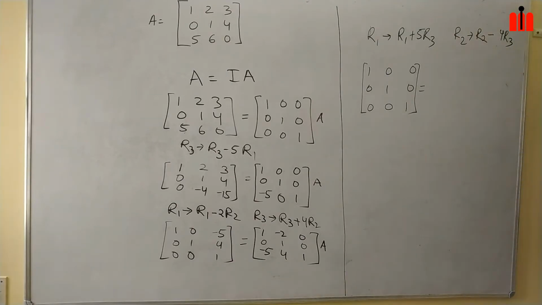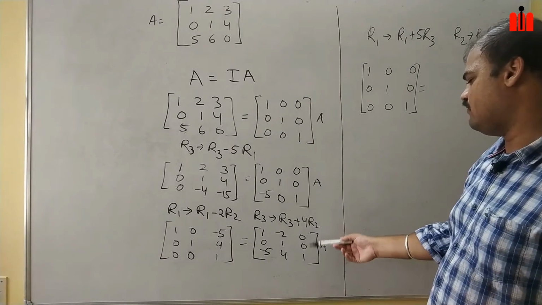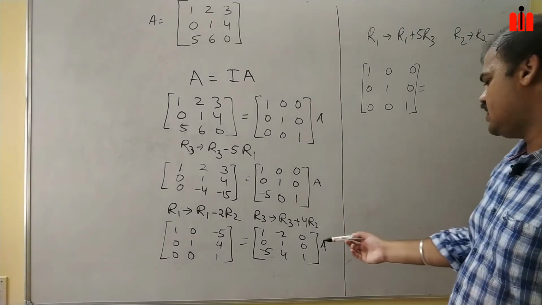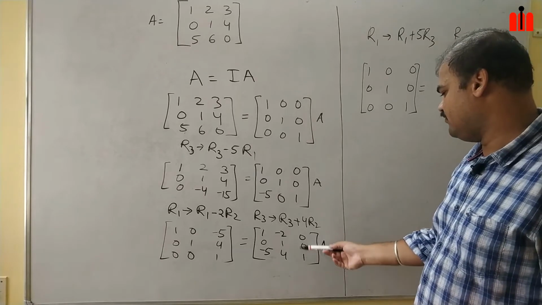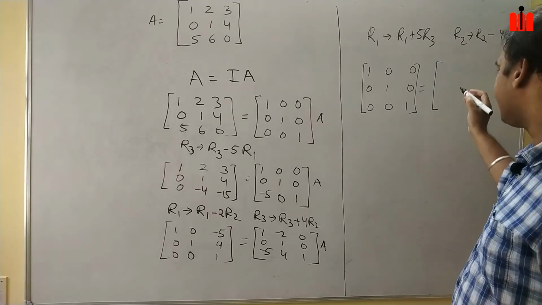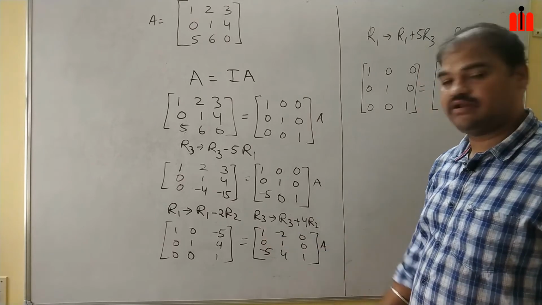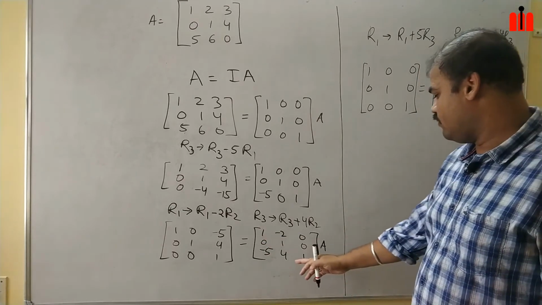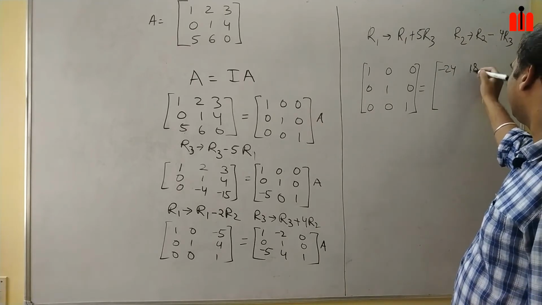Okay. Now for R1, what we have to do here? R1 is we have to multiply with 5 and after that add. So first element will become minus 24. Okay, minus 25 plus 1, minus 24. Now 20 minus 2, 18.